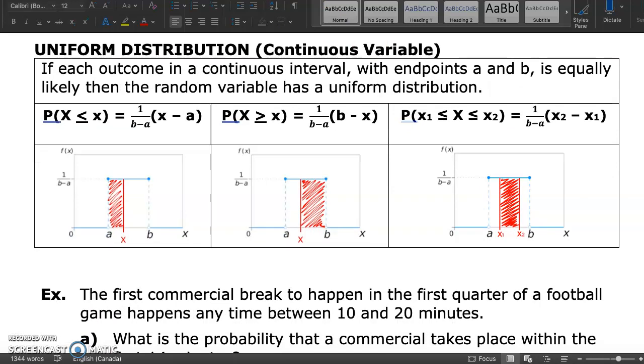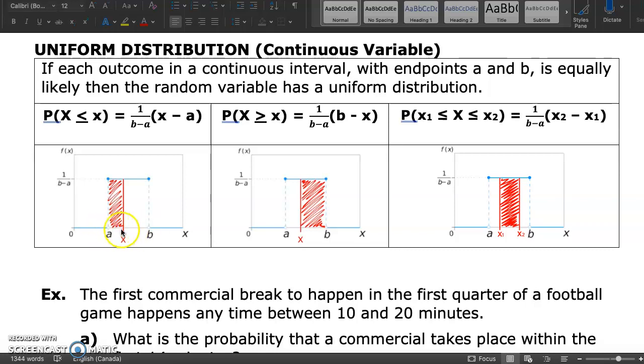So, uniform distribution. I want you to be aware of the fact that yes, we did cover uniform distribution with discrete data, but it changes slightly when we're talking about continuous data. So notice the following. A and B, we can consider that the range for the sample space where all outcomes are possible.